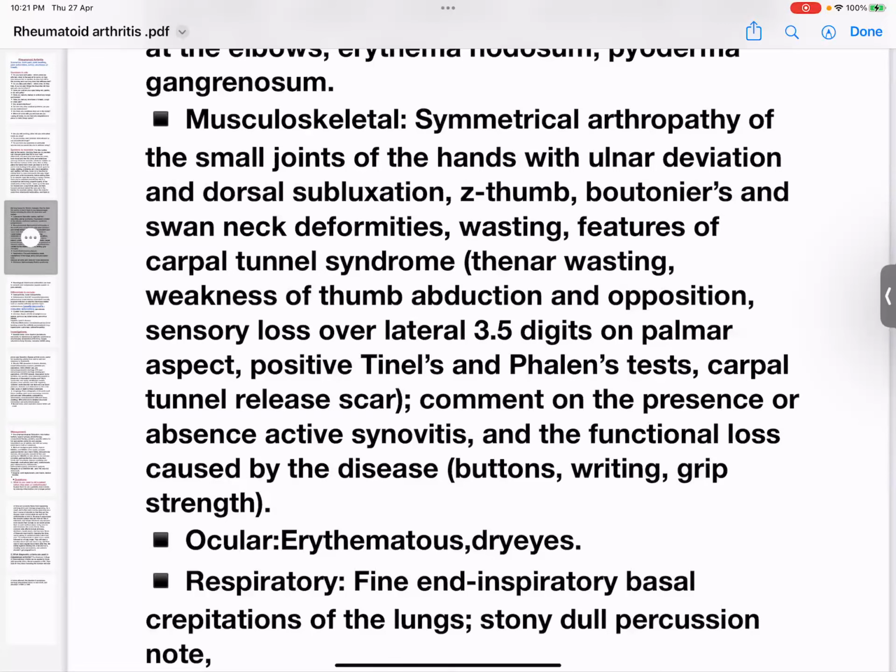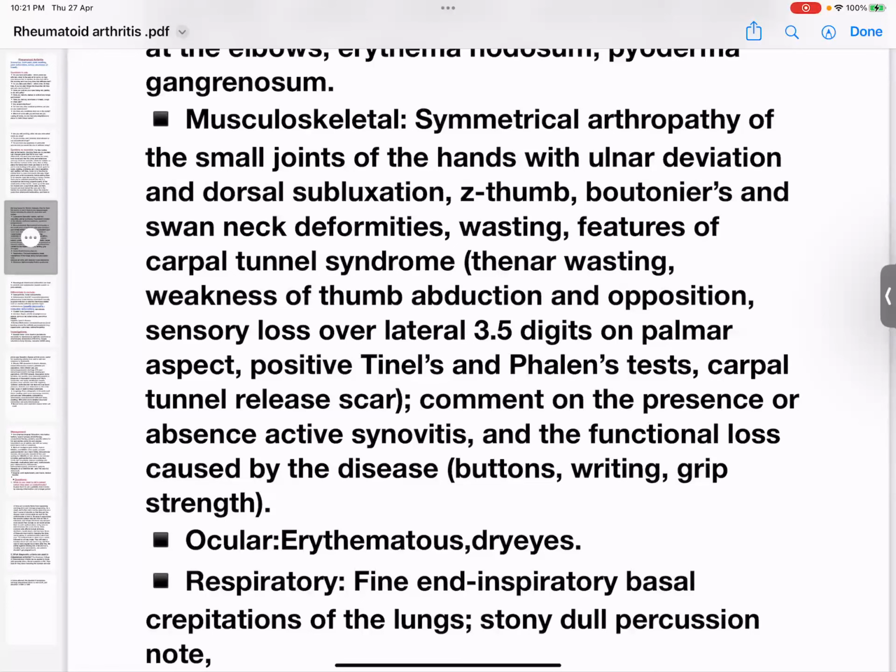Comment on the presence or absence of active synovitis by doing the fluctuation test, and on the functional loss caused by the disease: pincer grip, writing, grip strength. Ocular: erythema, dry eyes. Respiratory: fine end-inspiratory crackles or crepitations on the lungs which do not change with coughing.